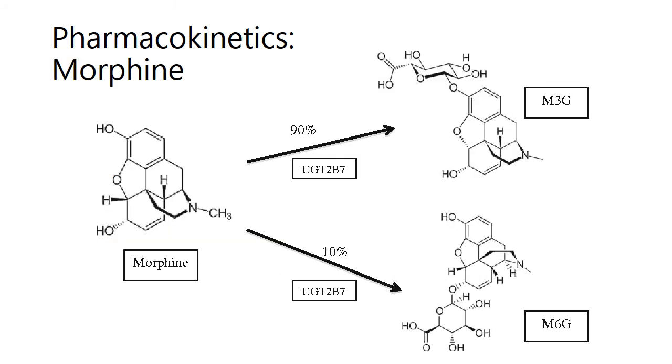As I'm sure you're all aware, morphine can be administered in a number of different ways, including oral administration. It can be injected either into the subcutaneous or via the intramuscular route, or it can be administered intravenously. With regard to the oral administration of morphine, this has a bioavailability of only 30%.